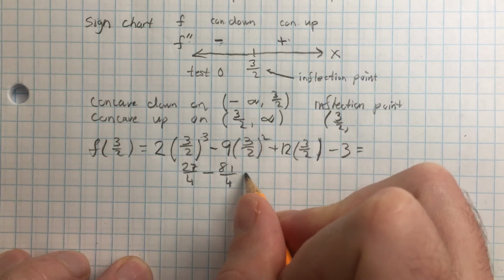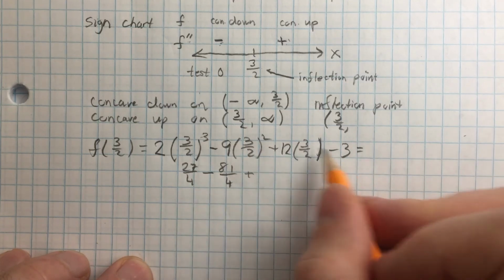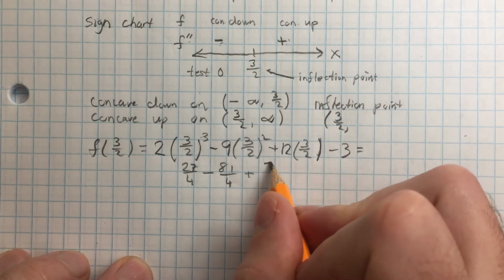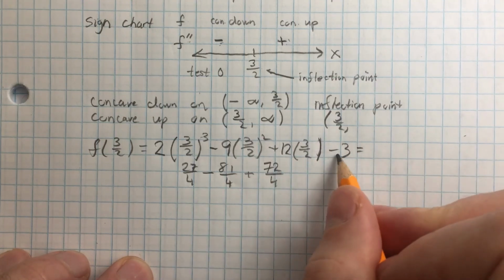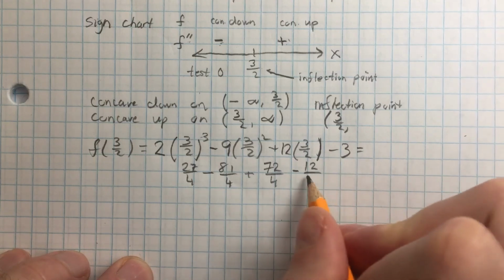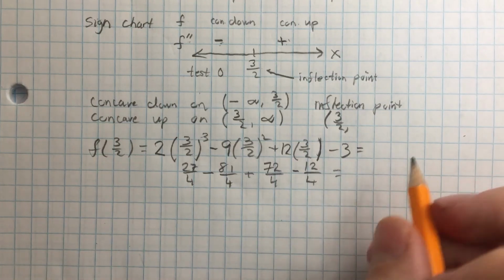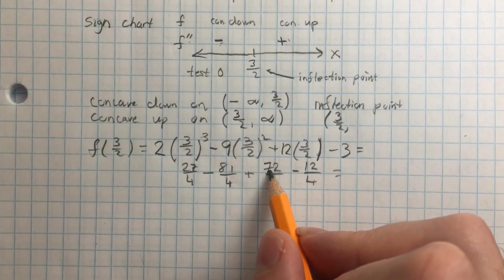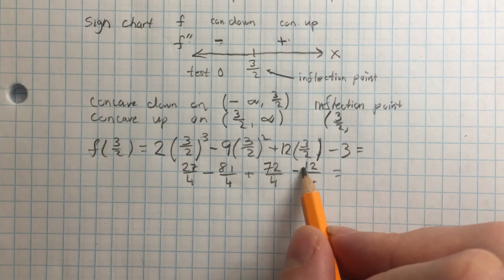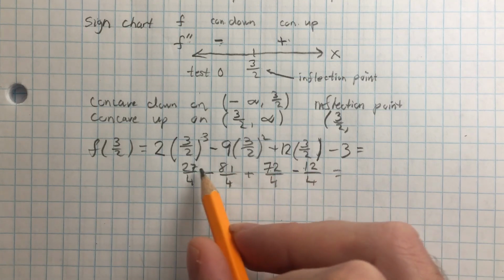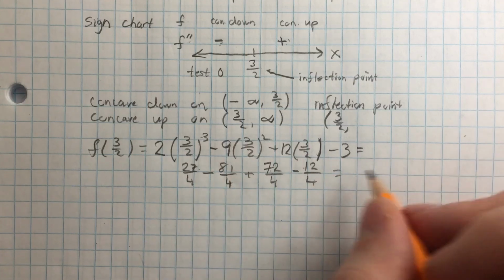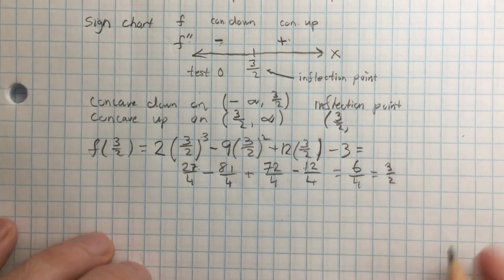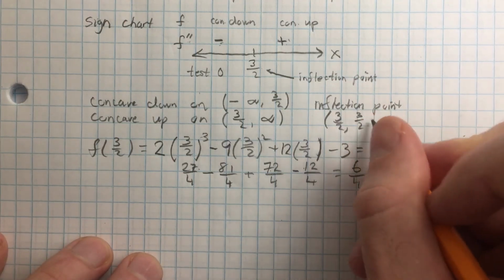I'm going to write everything in terms of fourths now, just to make it easier for me. So I'll have a 36 on 2, which will be the same as 72 on 4, and minus 3 will be the same as minus 12 on 4. So let's see what we have. Negative 81 and a positive 72 is going to be what? A negative 9. Negative 12 is a negative 21. From the 27 will be a 6 on 4, if I'm not mistaken. So it ends up being 3/2. And we have our inflection point.